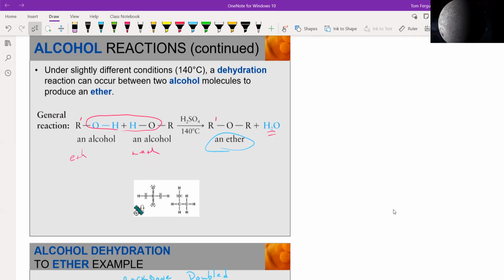There's another reaction involving less harsh conditions than 180 in acidic. It's 140 in acidic. Things happen differently at that lower temperature. We do not create an alkene. We create an ether.